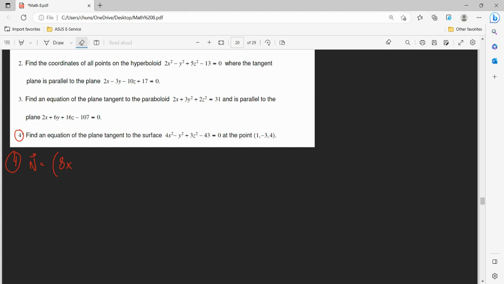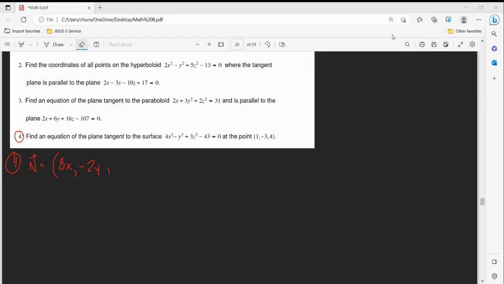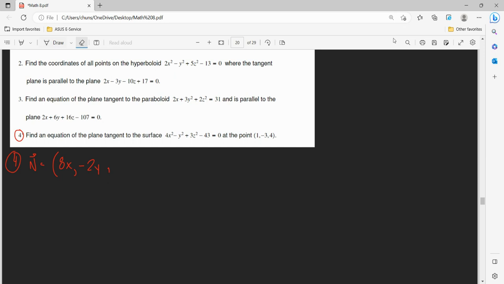Sorry, forgot about that. And this is negative 2y. And plus our z term, so it's 6z. And we are using a point 1, negative 3, and 4.